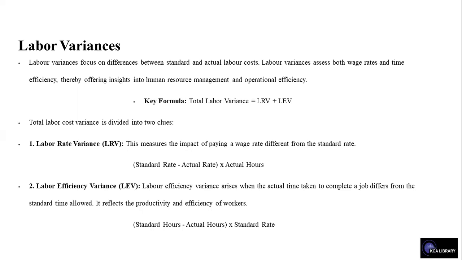The key formula there: total labor variance is equal to the labor rate variance plus the labor efficiency variance. The labor rate variance measures the impact of paying a wage rate different from the standard rate. The labor efficiency variance arises when the actual time taken to complete a job differs from the standard time allowed, and it reflects the productivity and efficiency of workers.